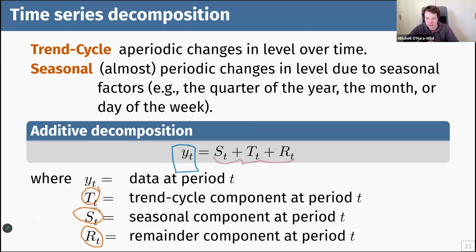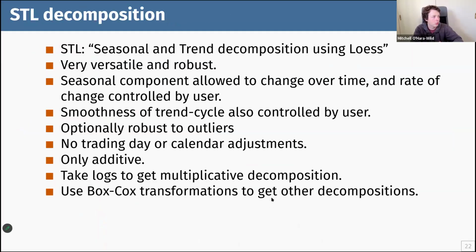And there's many different types of decompositions that you could use. We're going to focus on one type of decomposition known as an additive decomposition, because the model that we'll use, called an STL model, only works for additive decompositions. It uses something called LOESS. You might have heard of this if you have worked with regression before.